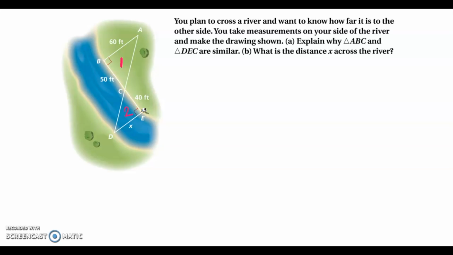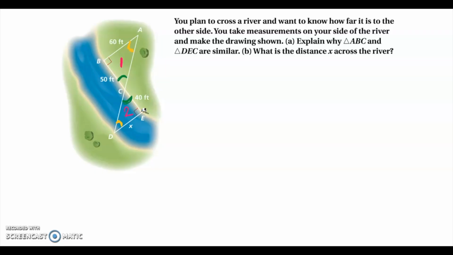The next thing I notice is that I have a pair of vertical angles right here. So I have the vertical angles that are congruent. So I have a vertical angle, I'm going to call that my green angle, and then I have my 90-degree angle. Now, because two of the angles are the same, that means that this third angle, this yellow angle down here and this yellow angle up here, must be the same.